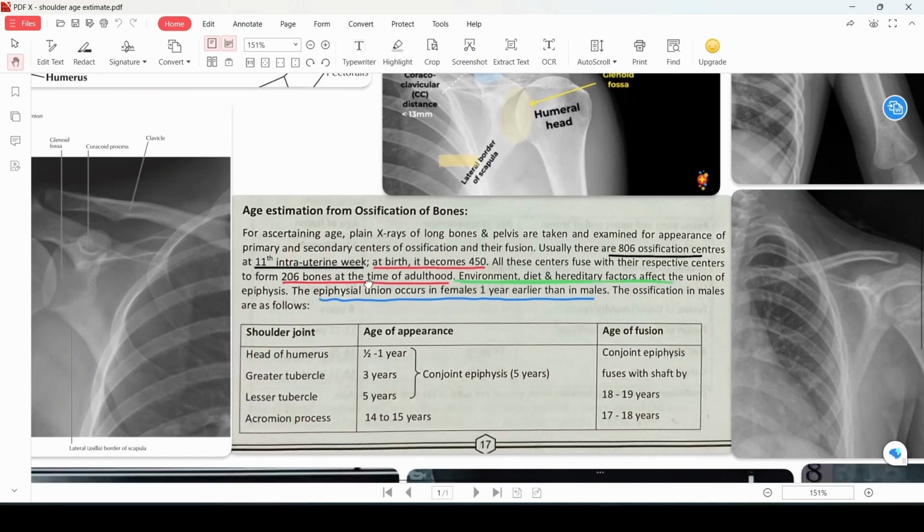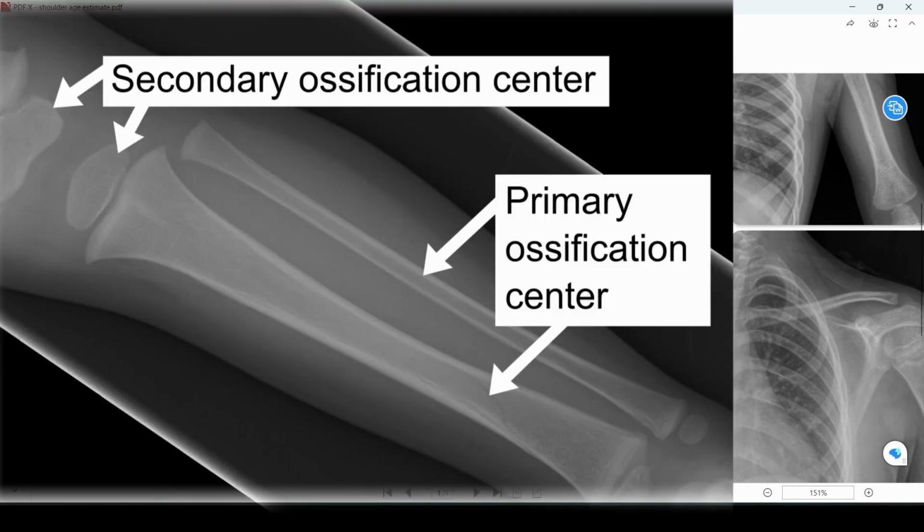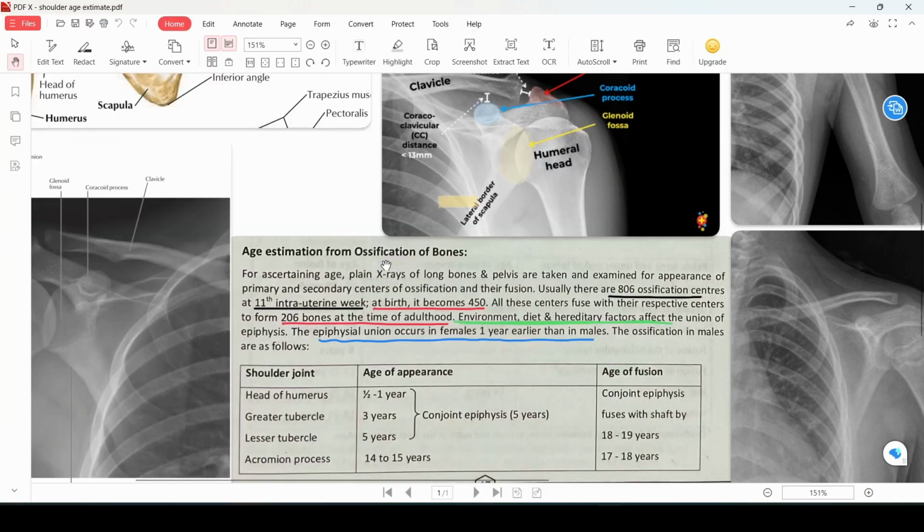Here, let's see what is written. For age estimation, plain x-rays of long bones and pelvis are taken and examined for the appearance of the primary and secondary centers of ossification. Ossification centers are certain places where the bone formation begins. There are two types: primary and secondary. Primary means the first area where the bone is forming from the framework of the cartilage.